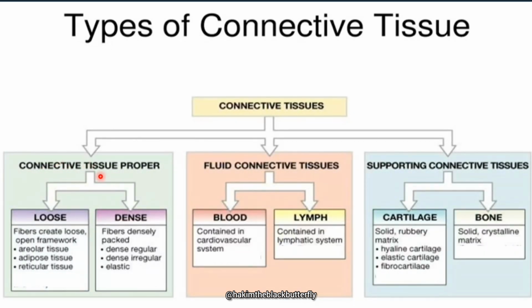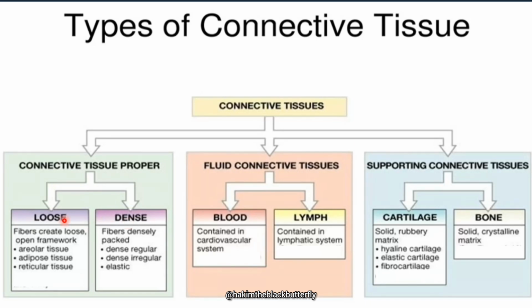Connective tissue proper is basically a class made up of various examples of connective tissues that have most of the components of connective tissue. The ground substance, the protein fibers, the cells that we've talked about, all these subtypes will have most of those components. That's why they lie under what we call connective tissue proper. This is categorized into loose connective tissue and dense connective tissue.